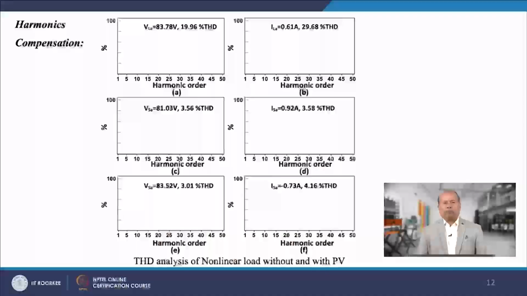Here the harmonic spectrum is analyzed with nonlinear load without and with an external source at the DC link. The external DC source is considered as a PV source and the grid voltage is kept at 80 volt per phase. The nonlinear load voltage and current harmonic spectrum of phase A is shown in figures A and B respectively.